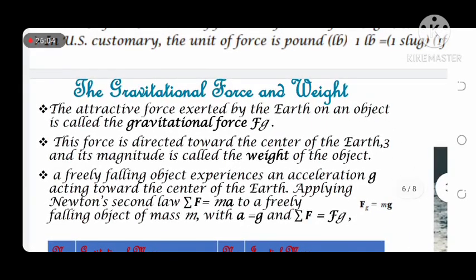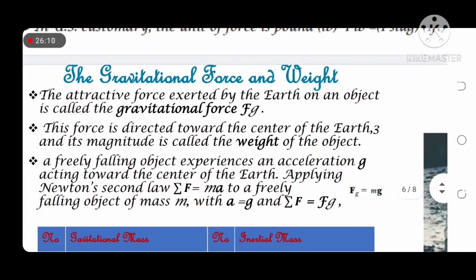This force is directed towards the center of Earth, and its magnitude is called the weight of the object. So it means that gravitational force and the weight are the same, only the difference is direction.